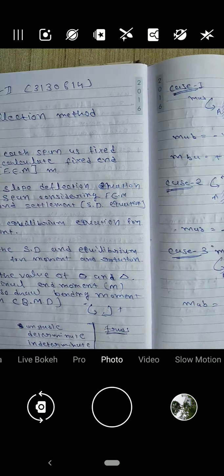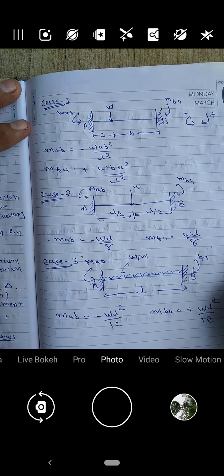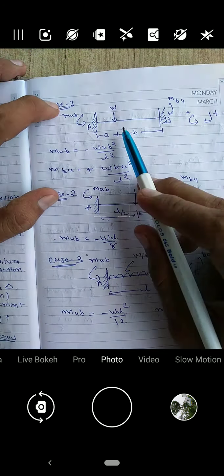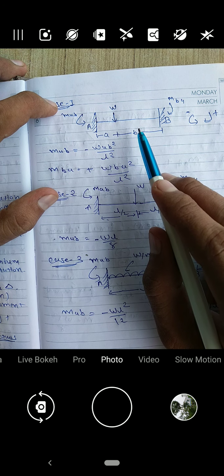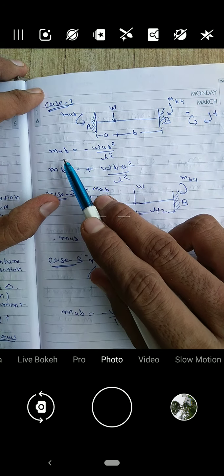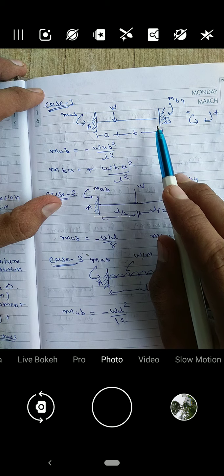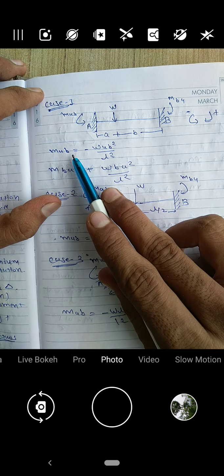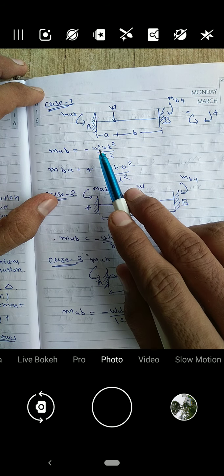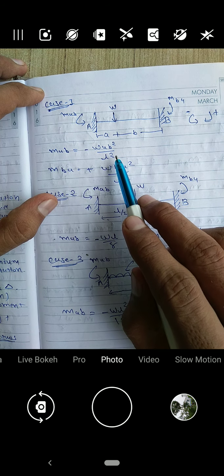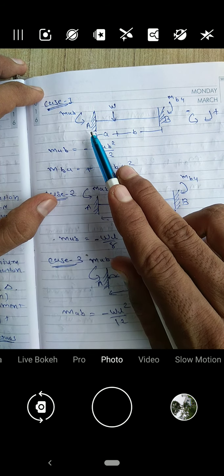The first case, you can see in this figure, is a fixed end beam with unequal distance. The moment MAB is equal to minus W a b square by L square, because it's an anti-clockwise direction.